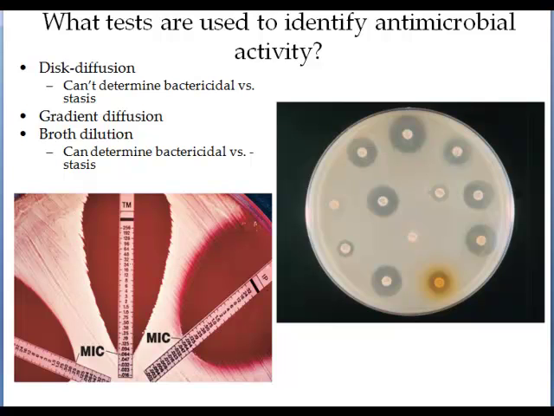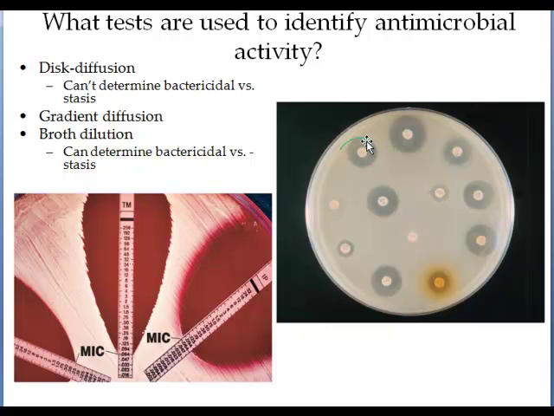How are all these studies done? So here is a little image of something similar that we also did in class, in which you were asked to put a little disc that had the antibiotics on them.